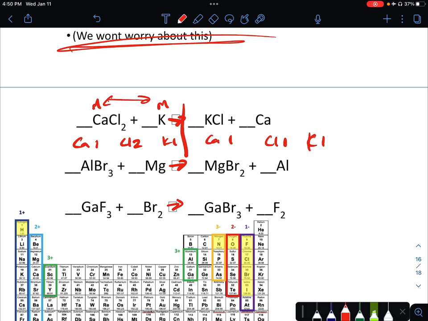Fix my Cl's, times 2 gets me 2. Want to put it there, can't. So I got to put it there. 2 times 1 gives me my 2. But now 2 times 1 here gives me 2 of those. So I got to fix my K's over here. Put that there. Doesn't change anything else. We're balanced. Sweet.